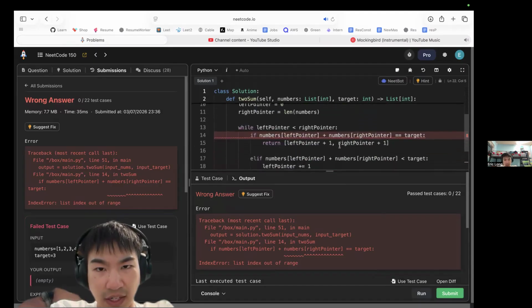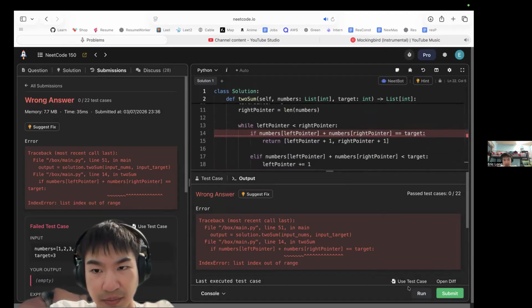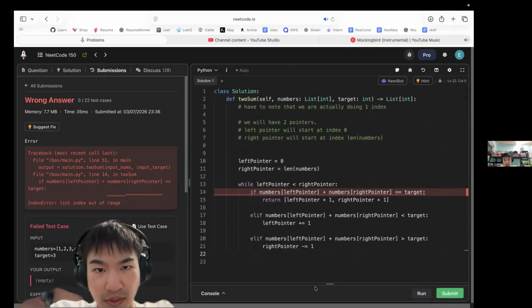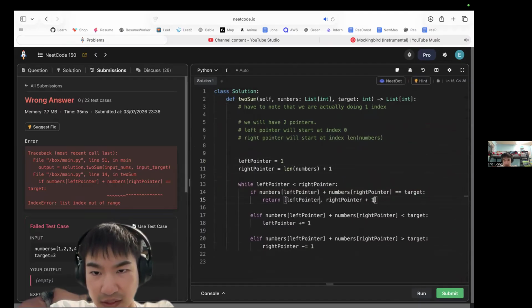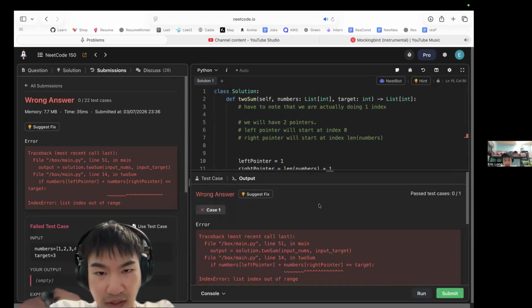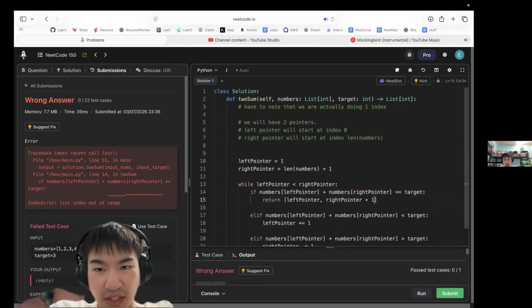Index is out of range. I'm guessing maybe I just gotta make this 1 and make this 1. If that's the case, then I guess we will not have to do this. Very strange.